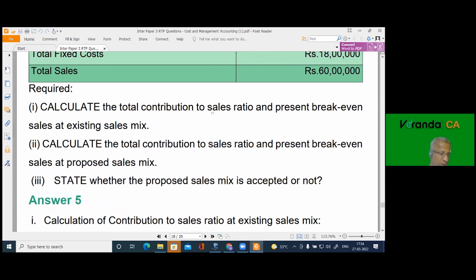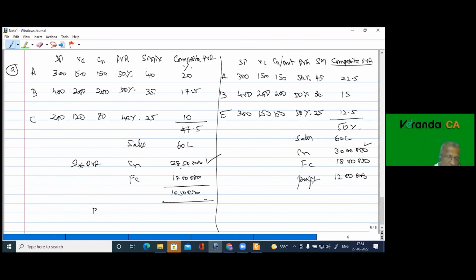Calculate total contribution to sales ratio and break-even point. We will take it up separately. So, what is your break-even point in the first case? Break-even point is equal to fixed cost divided by the ratio. Let us take the computation. 18 lakhs divided by 0.475.